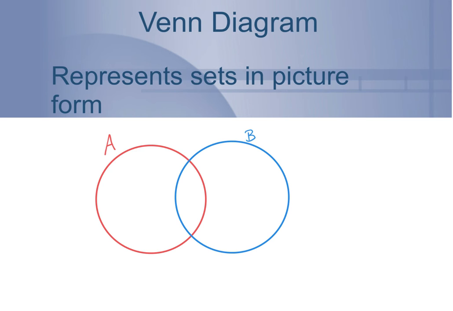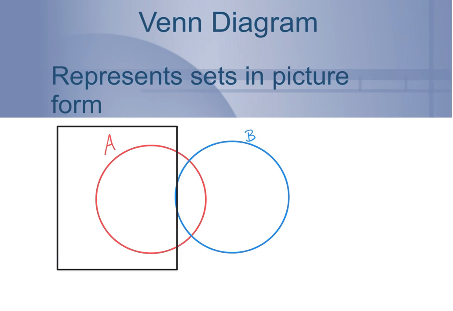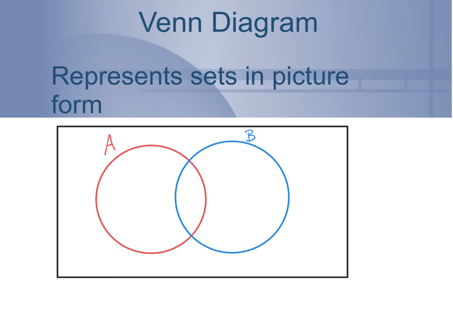And then for Venn diagrams, you also have what's called a universal set. Now, when you do a universal set, that is what encompasses everything. So the universal set is like your whole entire set of numbers, right? And that's a rectangle that goes on the outside of all your circles, and that's represented by U.